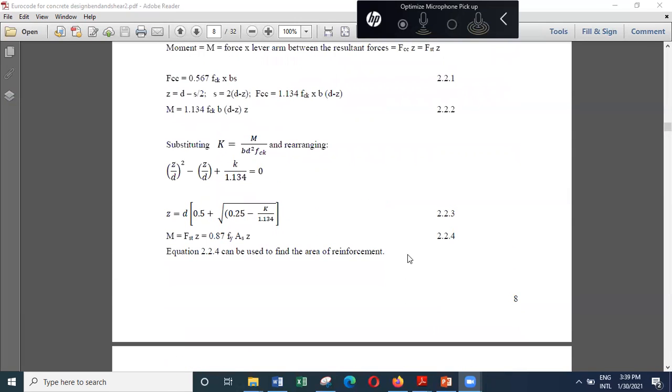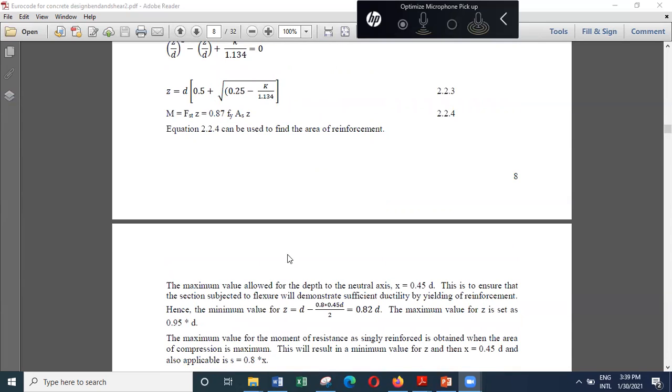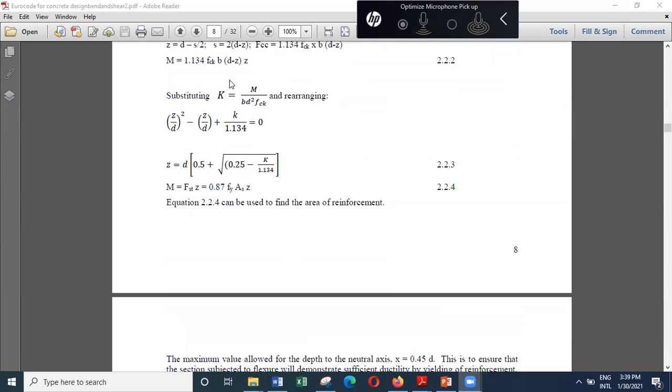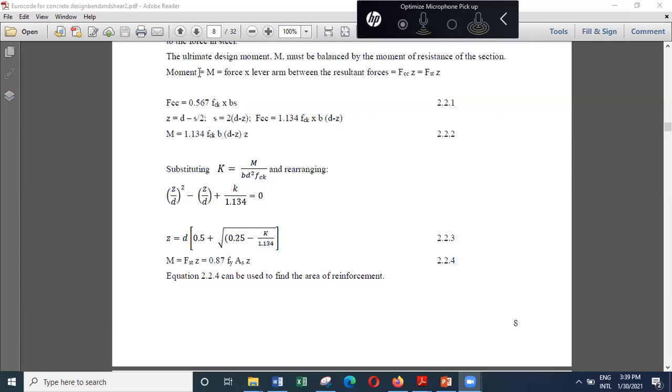And z is equal to d minus s by 2. s is 0.8 times x.